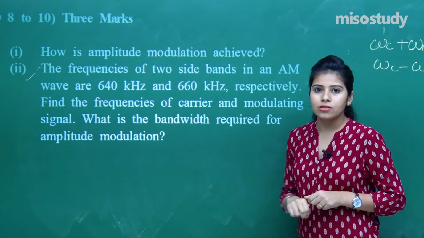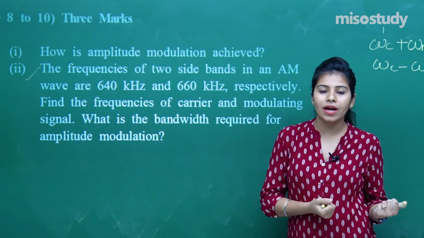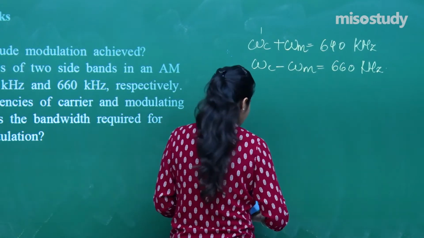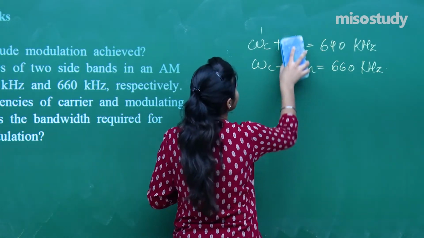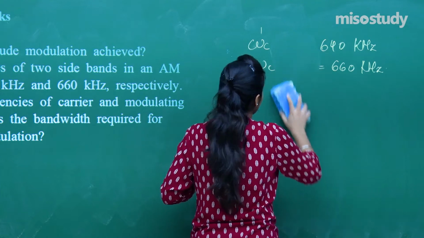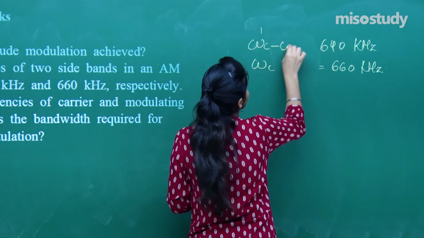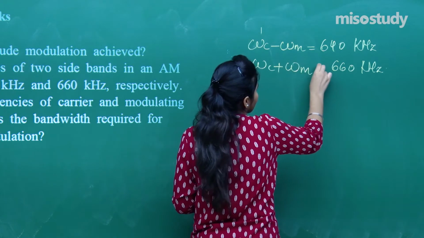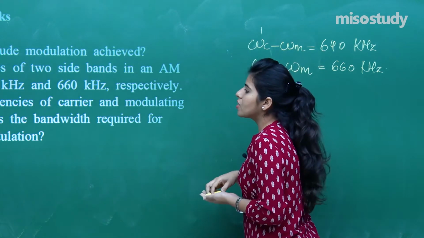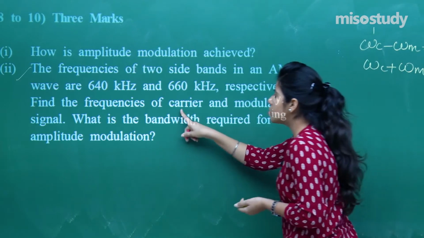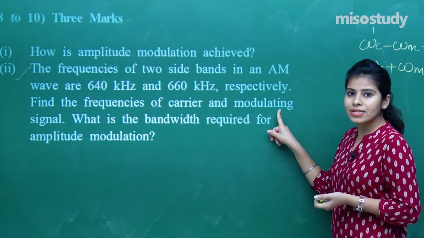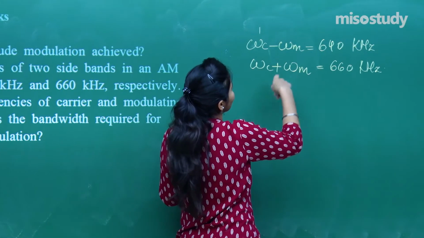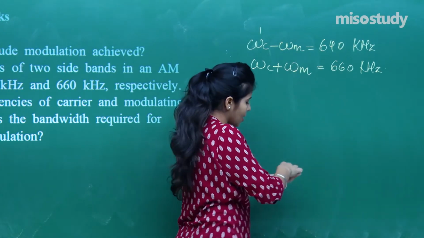Two sidebands. So sidebands are omega c plus omega m and omega c minus omega m. So you can make a little change. The change is that firstly we will write omega c minus omega m, and then omega c plus omega m will be this much. Now see, we have to find the frequency of the carrier and the modulating signal, which is very easy for us because omega c minus omega m and omega c plus omega m have been given.